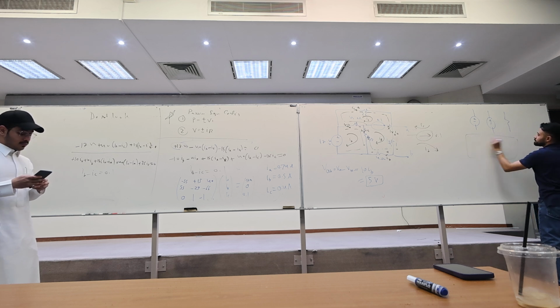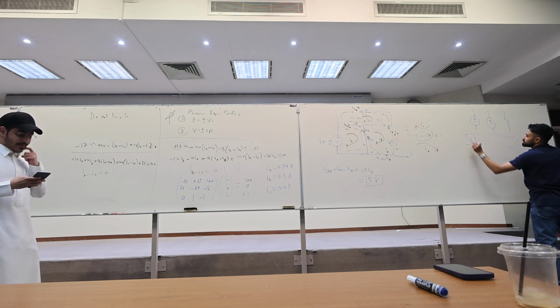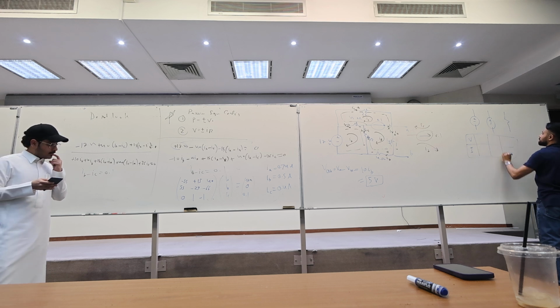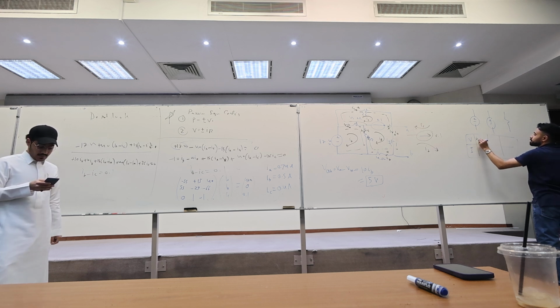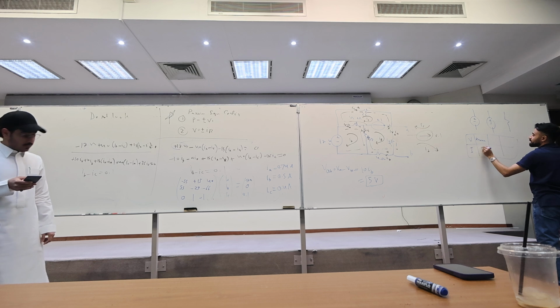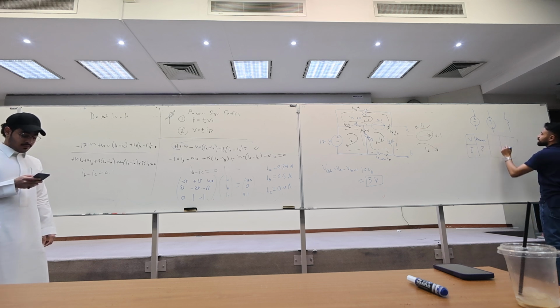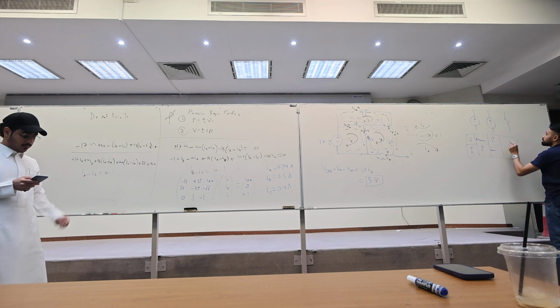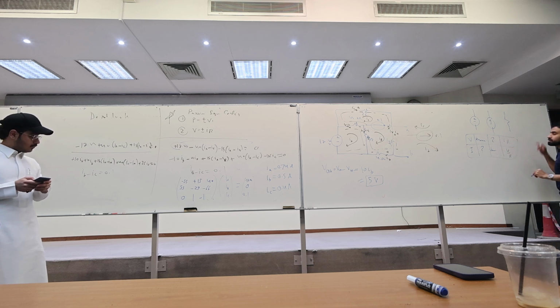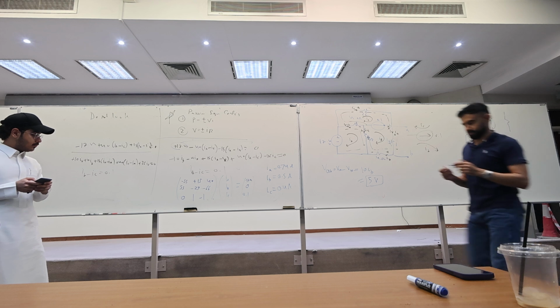If you draw a table, voltage and current. For a voltage source, the voltage is known, the current I don't know. For a current source, the current is known, the voltage I don't know. For the resistor, V equals IR, the current is V over R. That is why.